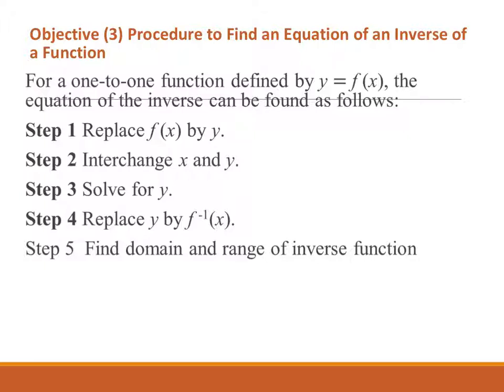Step 4 is to replace y by f to the minus 1 of x. Step 5 is find the domain and range of the inverse function, which is, in fact, the domain of the inverse function is the range of the original function. The range of the inverse function is the domain of the original function.